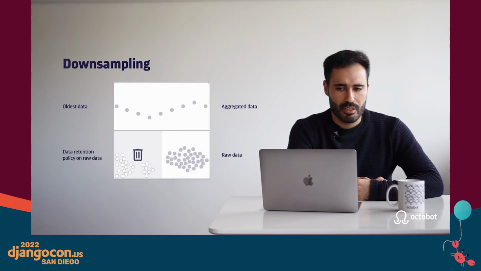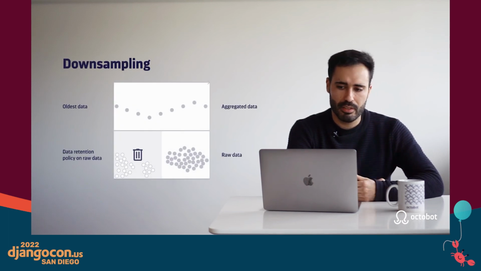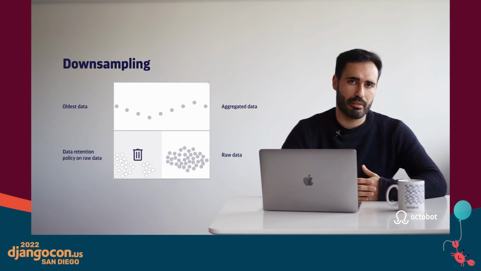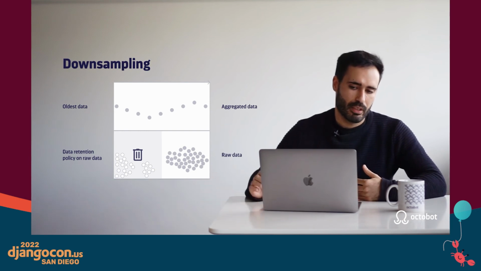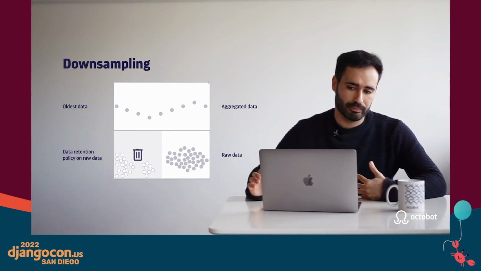Another concept that is related to the continuous aggregate is downsampling. When data gets older, you usually don't really care about individual records of raw data. You usually care about how aggregated data looks like in time.